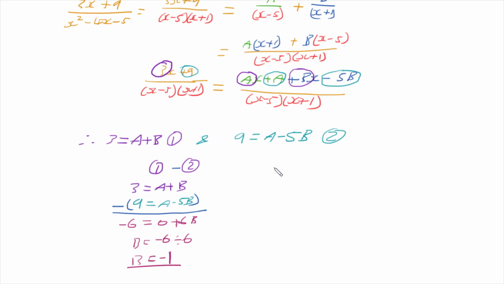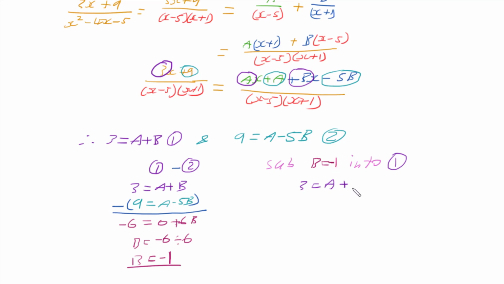So let's substitute our B equals negative 1 into equation 1, so that way we can work out A. And I'm picking on equation 1 because it's got smaller numbers in it. So that means that I've got 3 is going to be A plus whatever B is, but we worked out that B is negative 1.